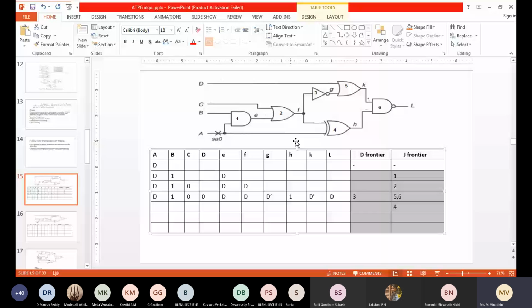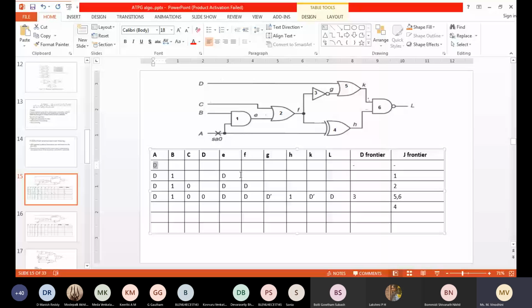Now, shall we take the lowest row and try? Let us try that. Here I had D, and I want to propagate it from A to H. What should be my F? It is an XOR gate. If it is 1, will it work out?